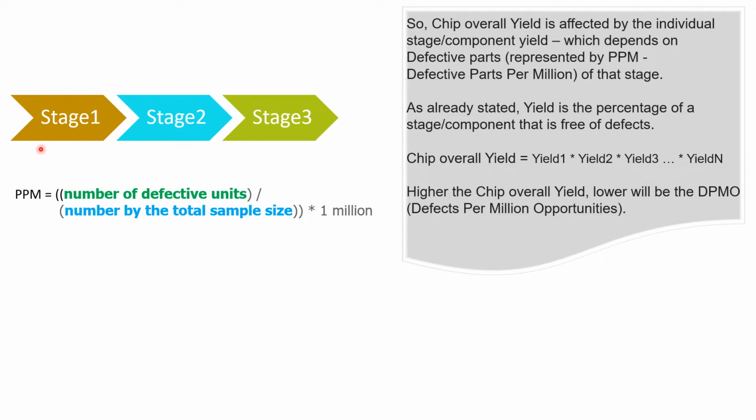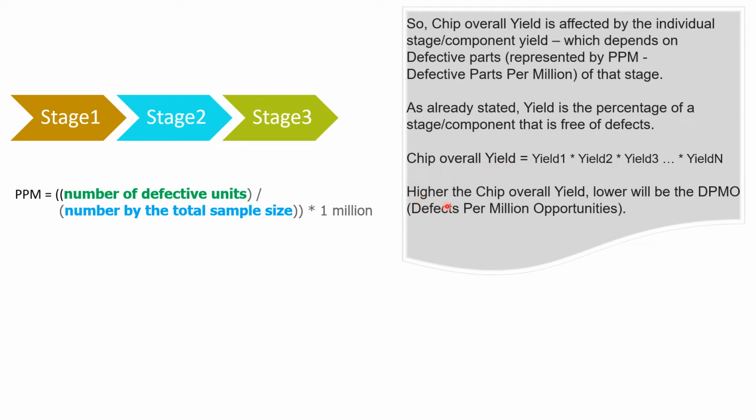If you want to calculate the chip overall yield, which consists of all these 3 different stages, stage 1, stage 2 and stage 3, cumulatively, then you have to multiply the yields associated with each stage. If there are many stages, then you need to multiply up to that many stages. Based on that, the chip overall yield will be obtained.